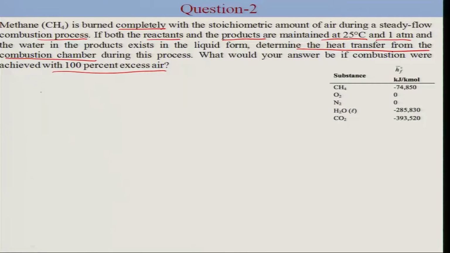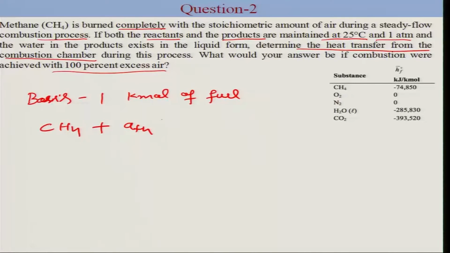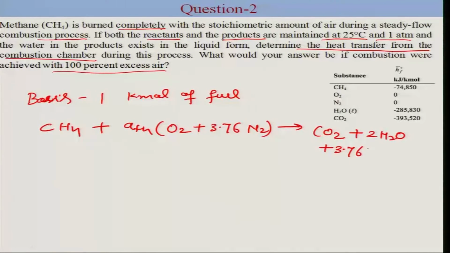So, considering one kilomole of fuel, if you write the combustion equation, it will be like CH4 plus A theoretical air will give CO2 plus water plus 3.76 A theoretical N2.